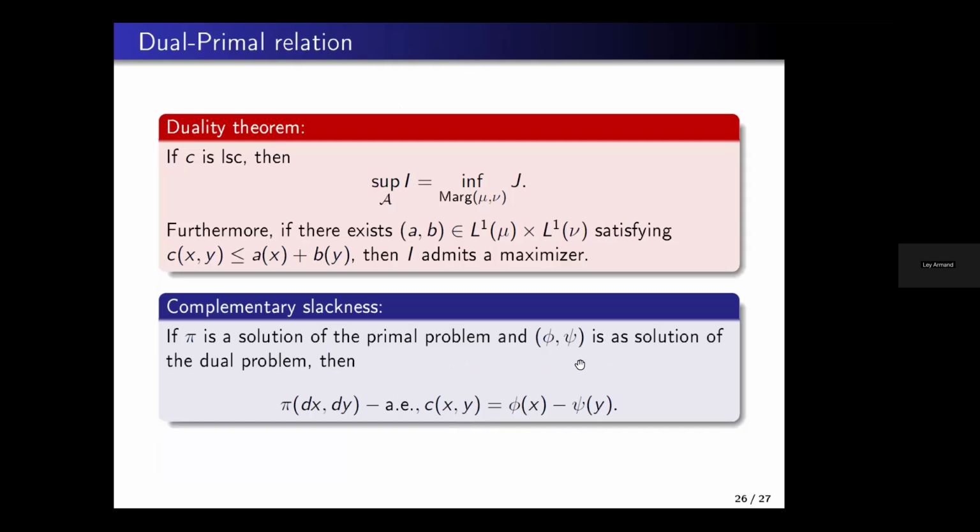You have equality, and this comes from a min-max theorem that you have to prove rigorously, and it's hard work to prove that. Under some regularity conditions, you can also assume that you have a solution to your dual problem, and you have what is called complementary slackness, which is a way to go from the primal to the dual and vice versa. So I think that's it.